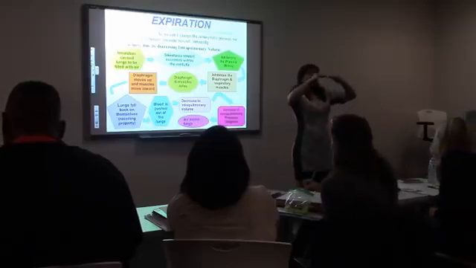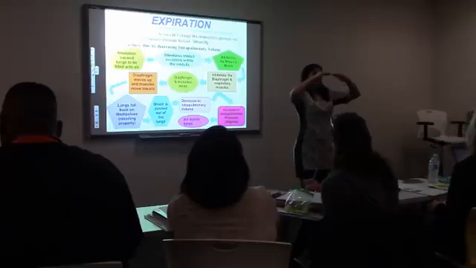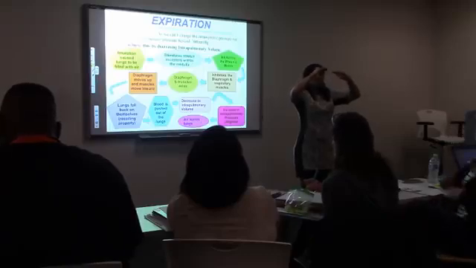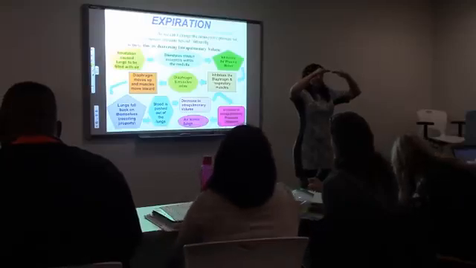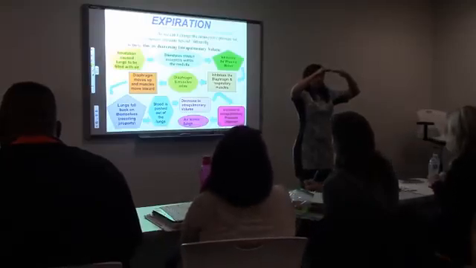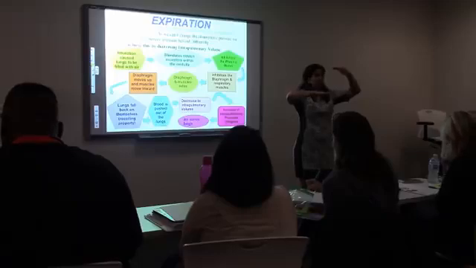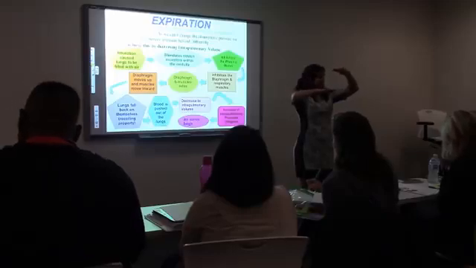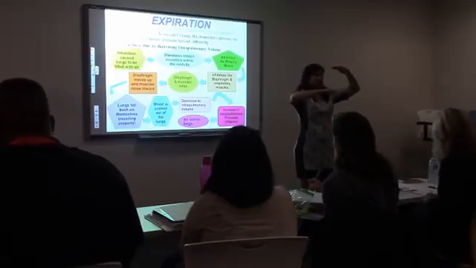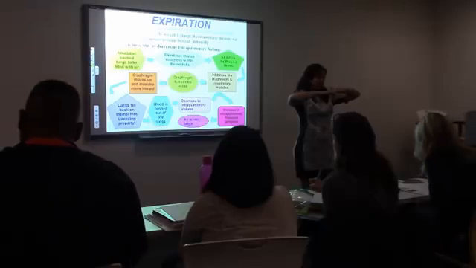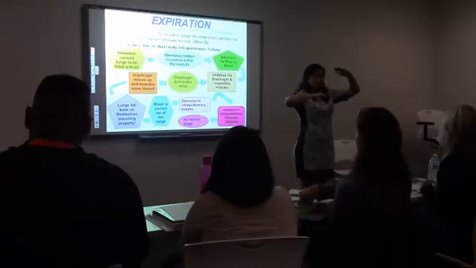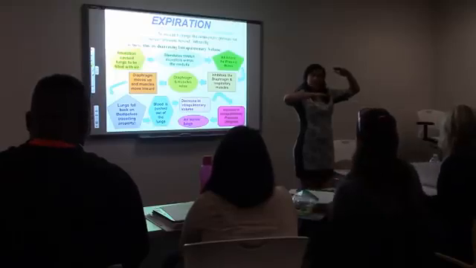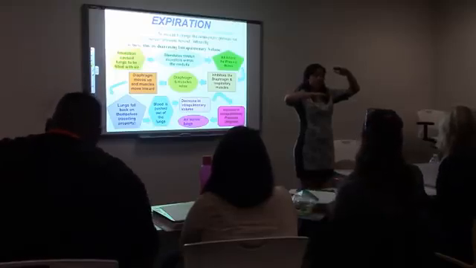During rest, the atmosphere and the lungs were equal. Therefore, there was no movement of air. For inhalation, you cause the intrapulmonary pressure to move down to 756. That difference in pressure caused air to move from the atmosphere into the lungs. Now, to cause air to leave the lungs, what must we do? We must increase the intrapulmonary pressure, right?